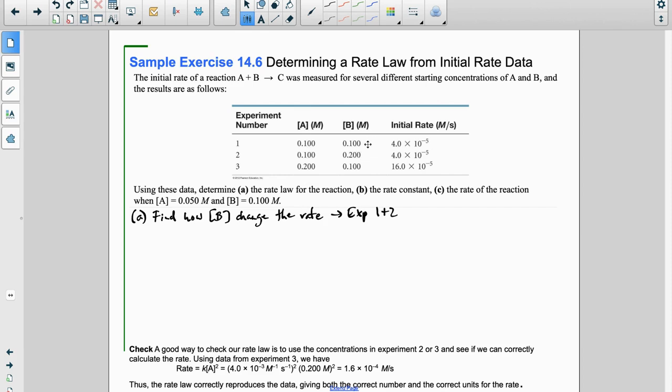So I can see here already that when B changes, it doubles. Look at what happens to the rate. Nothing. Okay, so nothing happens to the rate. So I can see already that when B doubles, the rate does not change.